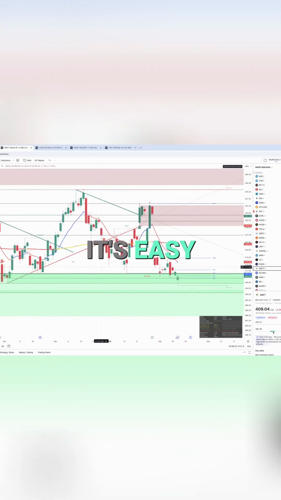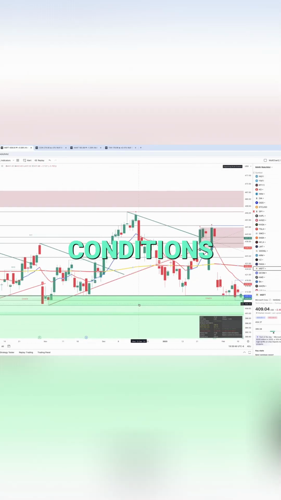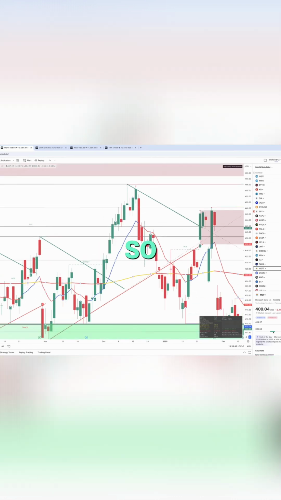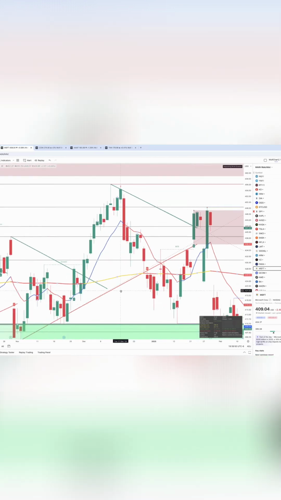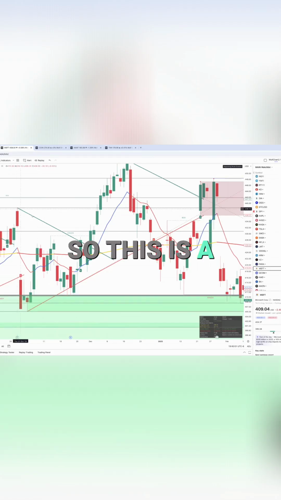It's easy to see the pattern, and it has three conditions that have to be met. With the floating candle confirmation, the trade always happens after the trend line. You see these diagonal lines right here. This is a green diagonal trend line.